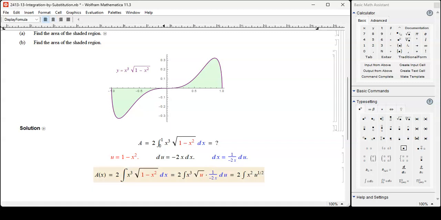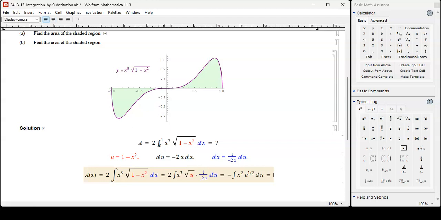And then times 1/2, that'll cancel out with this 2 as well, negative, and we have du. Okay, that's what we have so far. So this x and that x cancel out, we have x squared left. And then this 2 and that 2 cancel out, we have just negative.